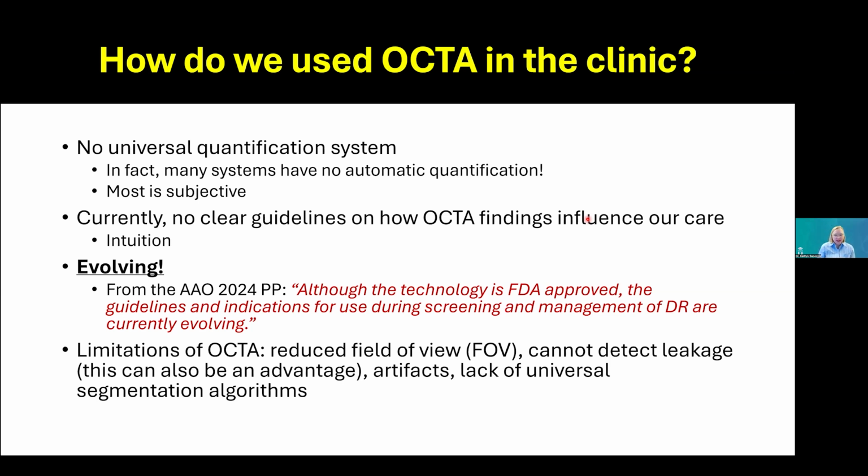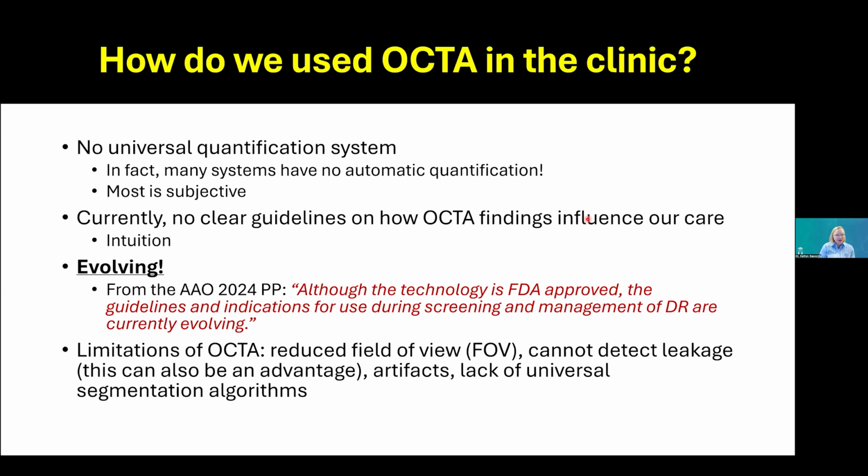There's no clear guidelines on how these OCTA findings should influence our care. So a lot of times, if you're bringing somebody back maybe a little early because the OCTA just has more non-perfusion than you would expect based on what you see clinically, it's a lot of our intuition or a lot of what we've learned from experience. There's not any good guidelines.